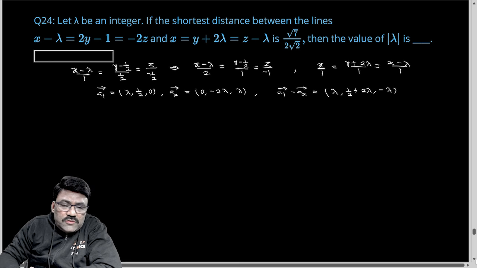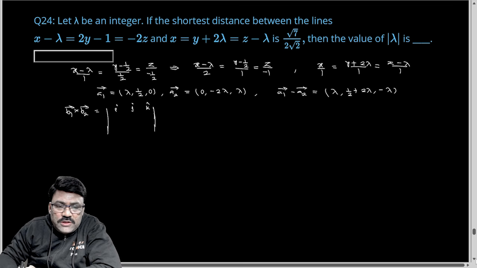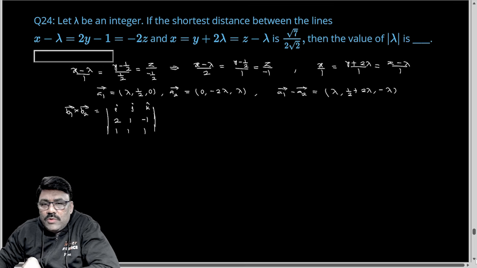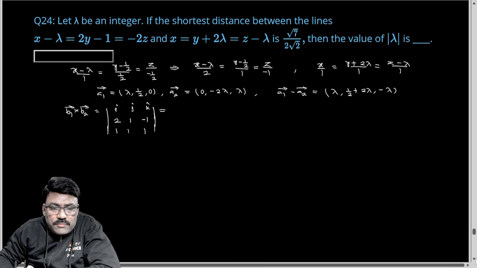Now let's find B1 cross B2. So it is i, j, k. B1 is the direction of the first line, which is 2, 1, minus 1. And B2 is the direction of the second line, which is 1, 1, 1. So what will be this? This will be 1 plus 1, 2i.